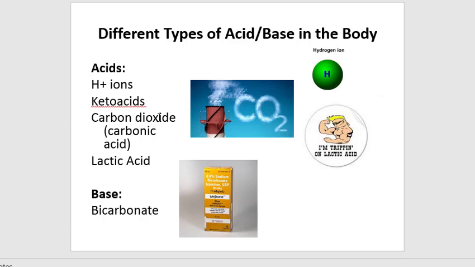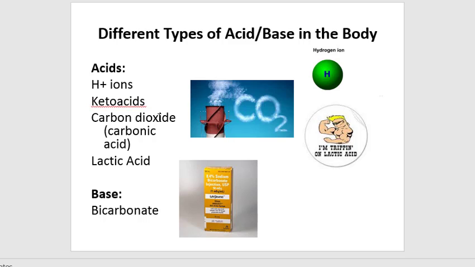So how do these build up in our body? The hydrogen ions are there from different chemicals breaking down. Then you have the ketoacids. The ketoacids are from the fatty acids breaking down. When your body cannot get the glucose that it needs, it starts breaking down muscles and fat to get its energy.